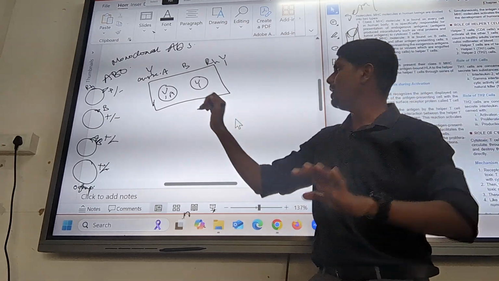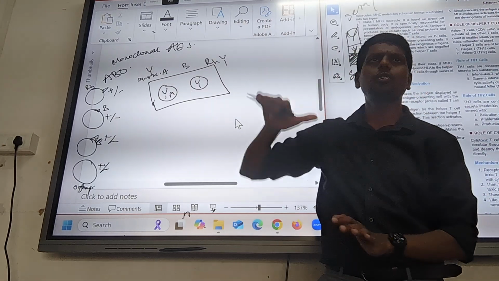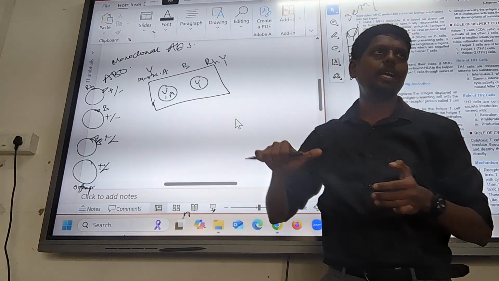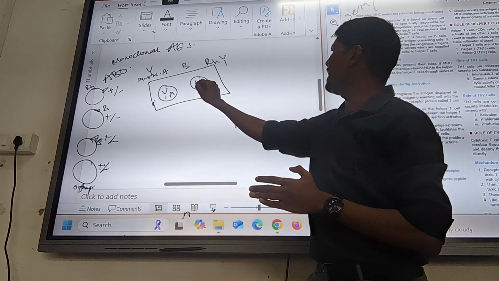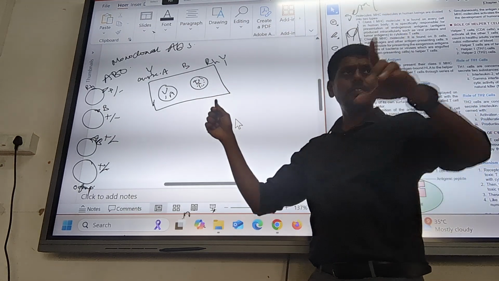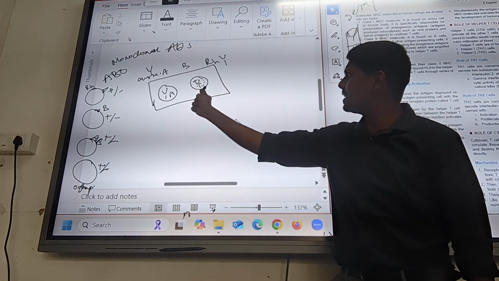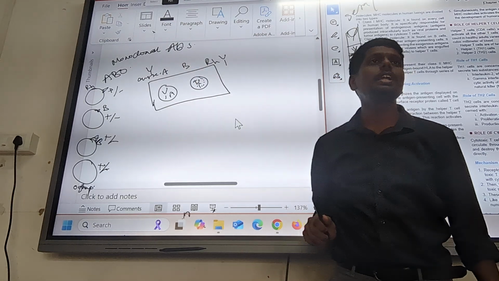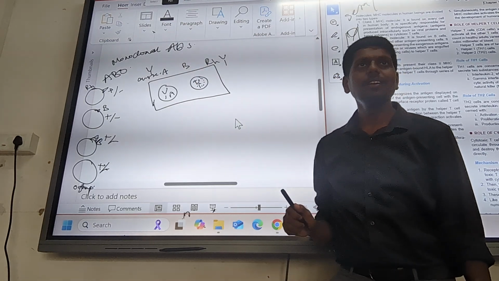Okay. Now I will add a drop of unknown blood group. I don't know what his group is. I added 3 drops of blood. Now if I see a reaction in this tube, what does it indicate? That means this person has the antigen, and that is why these antibodies bind to the antigen and there is agglutination. Right?